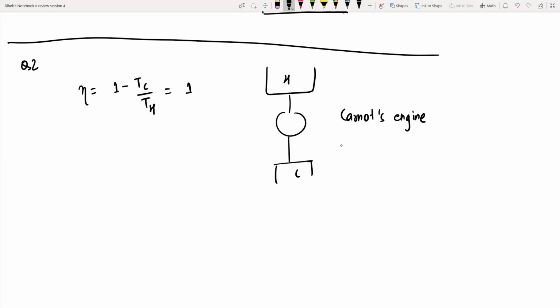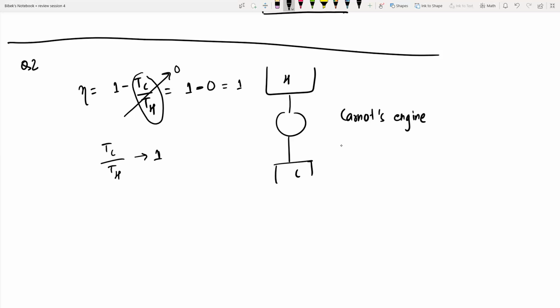So when can this equation be 1? This can be 1 if this term can be 0, right? If this can be 0, then you can have 1 as efficiency or 100% as efficiency. So when can this ratio be 0? There are two cases.